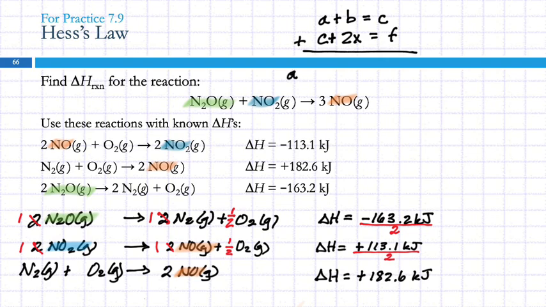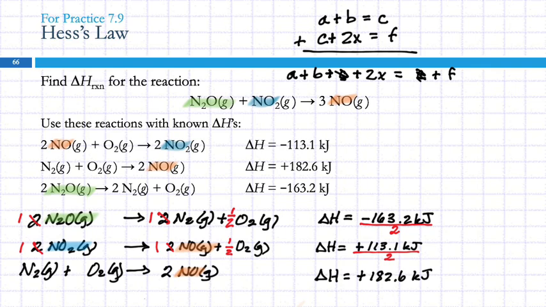You're going to end up with A plus B plus C plus 2x is equal to C plus F. Right? You add everything on the left of the equal sign and everything on the right of the equal sign. There's a C on both sides. If I subtract C from both sides, it's still an equality, but I can pull that out. So that's what we're doing, adding the chemical equations.